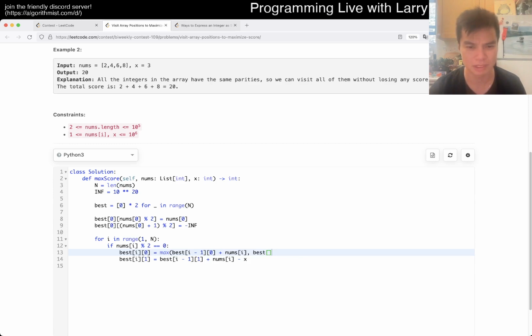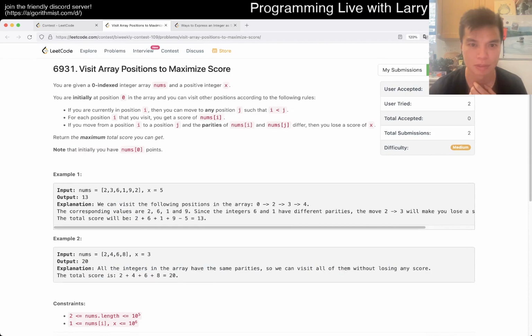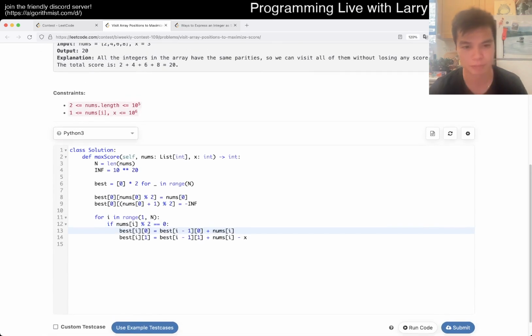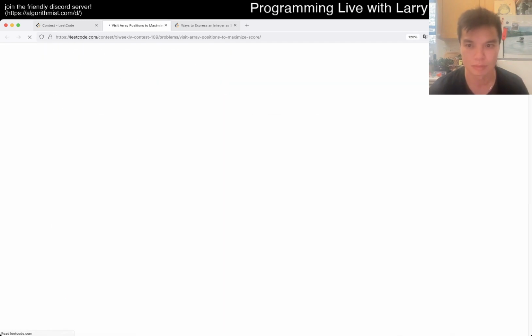Wait, is this right? Am I confused? Maybe I'm confused. What am I maxing? So it takes from the last 0, or we don't do. Wait, I'm slow.